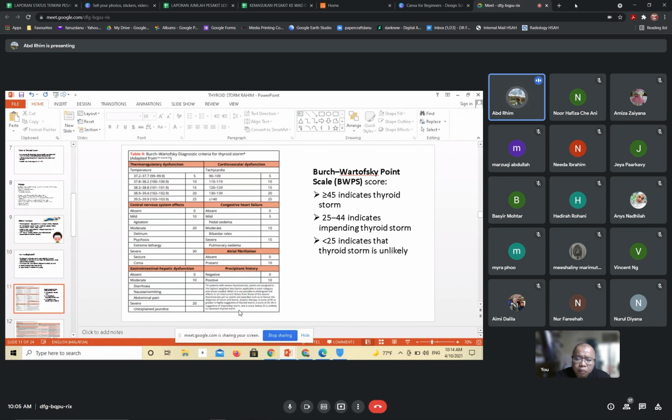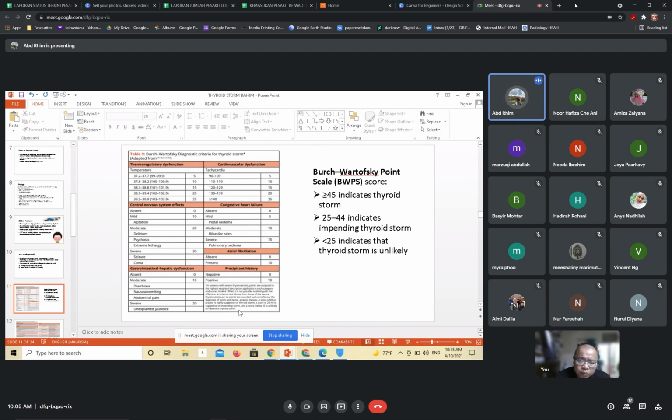The Burch-Wartofsky diagnostic criteria for thyroid storm have 7 headings for this scoring method, starting with thermoregulatory function. Based on all of this, we have to identify the score of the patient, and a score of 45 and above will indicate thyroid storm.